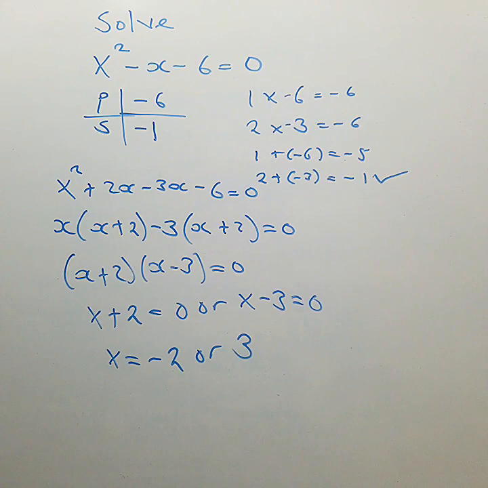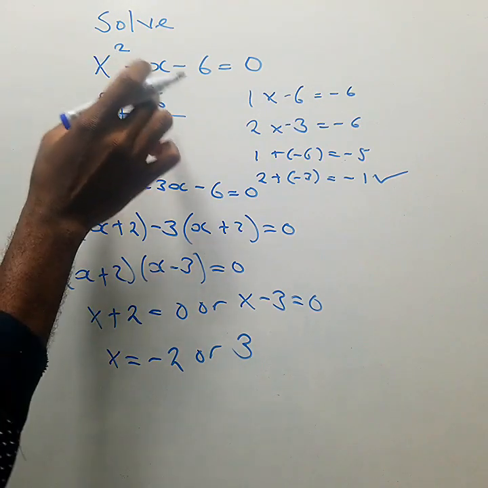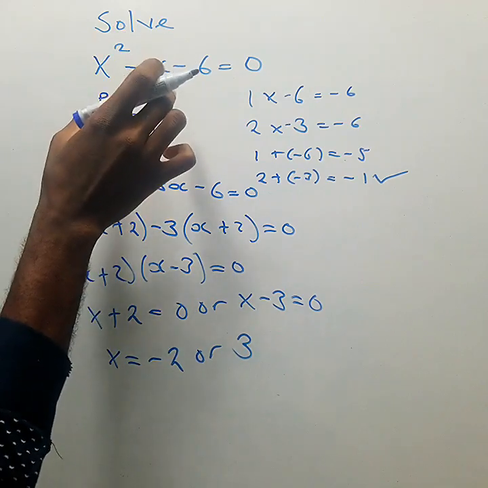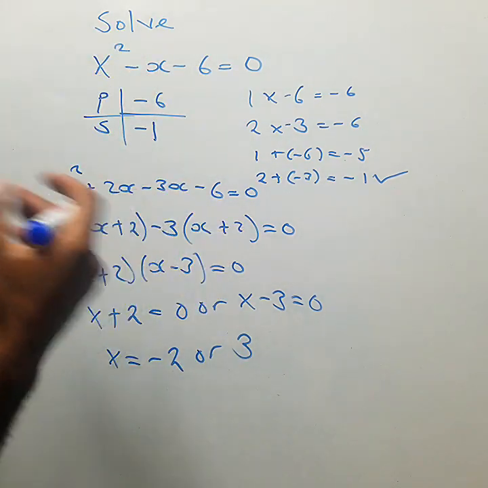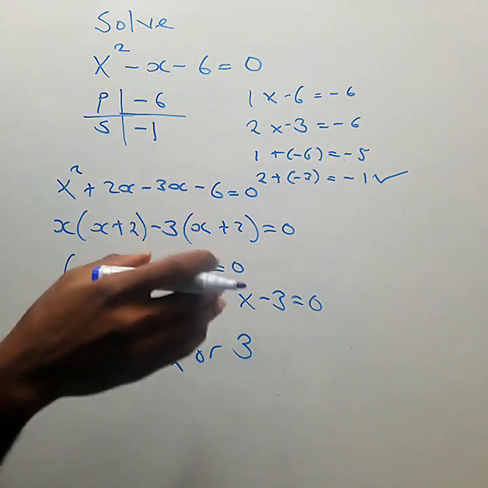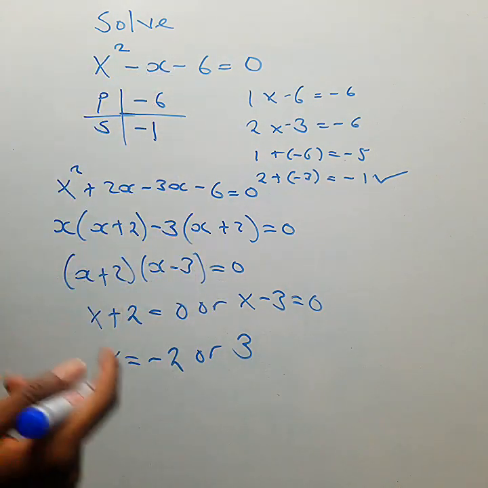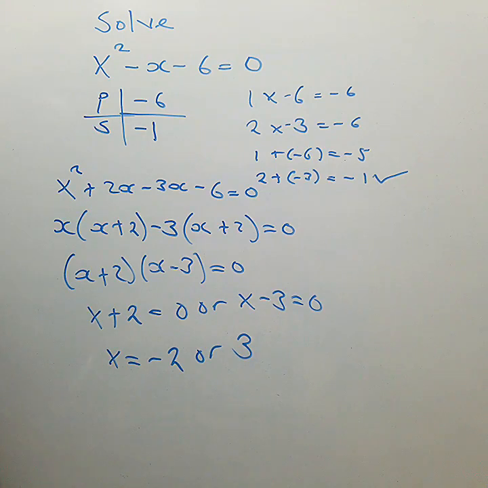That's what you have. Now, the rule is this. If the product is a positive, that means both factors must have the same signs, meaning the sign can either be negative or it can be positive.